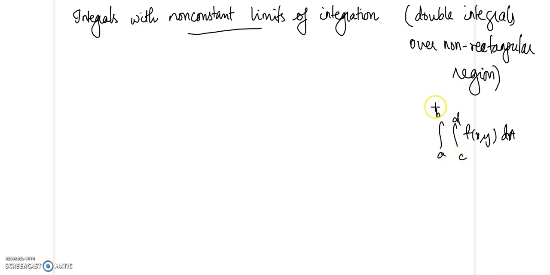Here a to b is the interval of variation of one variable, and c to d is the interval of variation of the other variable. When all the limit values are constant, the underlying region is rectangular. We can have non-constant limits of integration, and this happens when the region is non-rectangular.